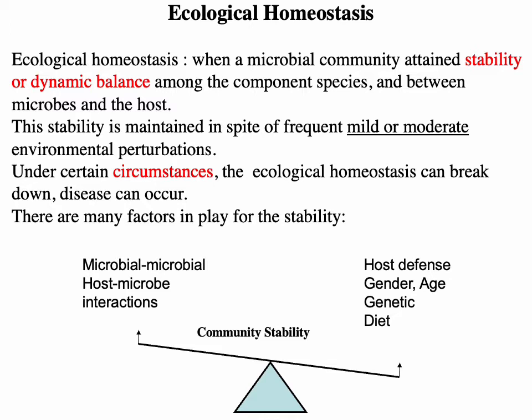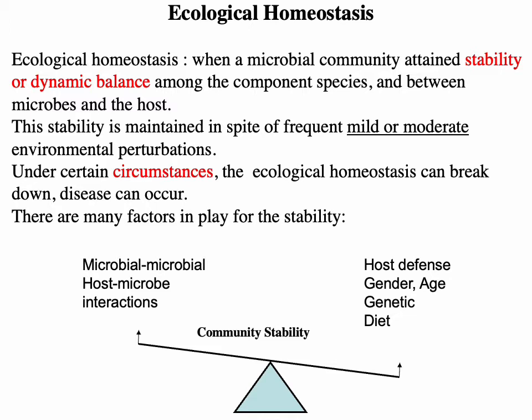So here you can see a picture of a seesaw, where on one side you have microbial host-microbe interaction, and on the other side you have host defense: gender, whether you're male or female, your age, whether you're 10 years old or 65 years old, your genetic makeup, whether you're Asian or Caucasian, your diet, all those factors.